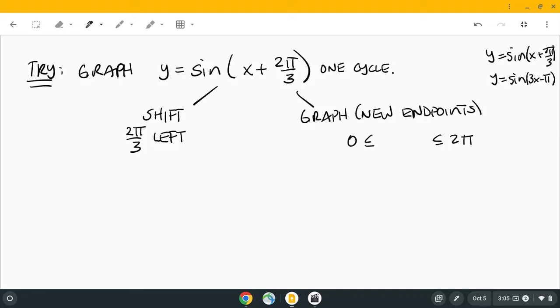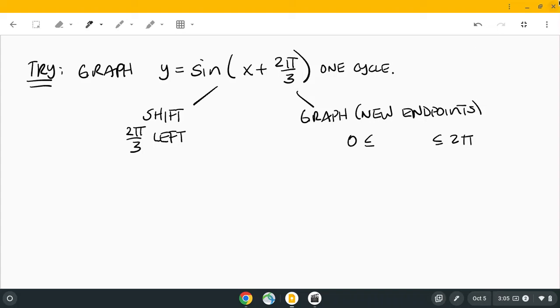You would put the 3x minus pi in there. We're not looking at these types of problems just yet, but we will. And so that's why I introduced this method here, and I stay with it for all of the units, even if it would be just as easy to graph the original sine and then shift it.